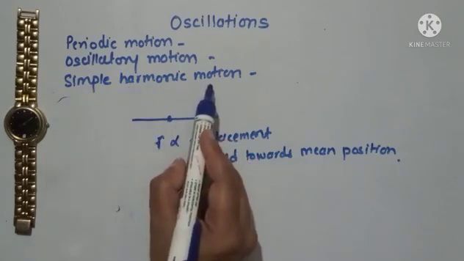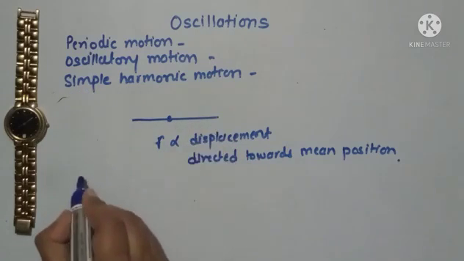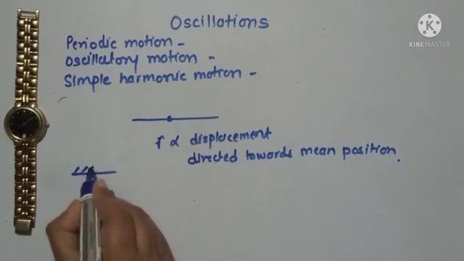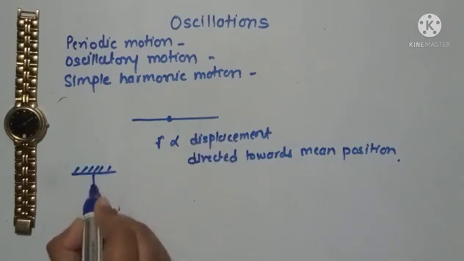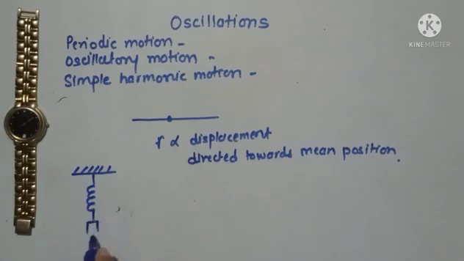For example, suppose there is a spring attached to a rigid support, and some mass m is suspended from the spring. If I apply some force and pull this spring downward, let the displacement from the mean position be x.